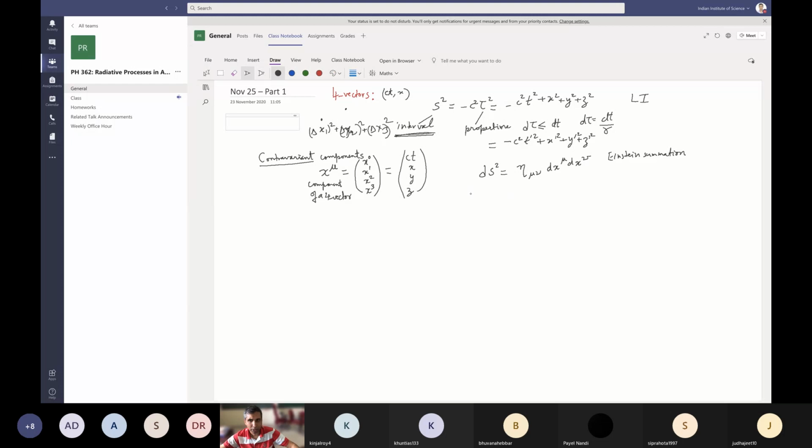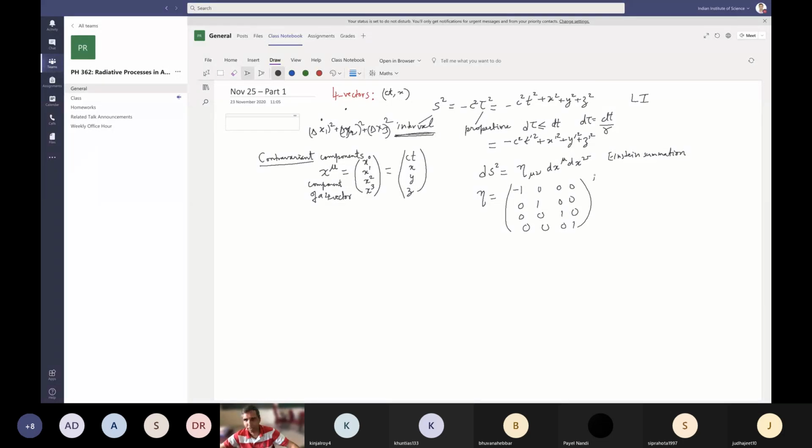And what is eta? Eta can be thought of in a matrix form as well. This is the Minkowski matrix, -1 0 0 0, 0 1 0 0, 0 0 1 0 and 0 0 0 1.